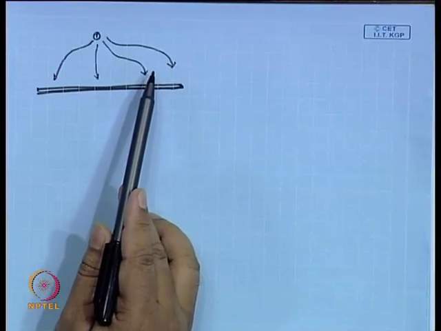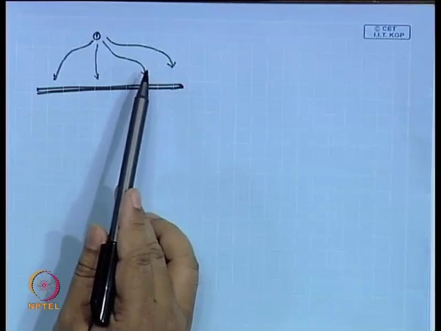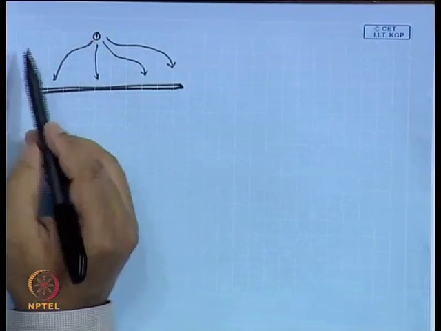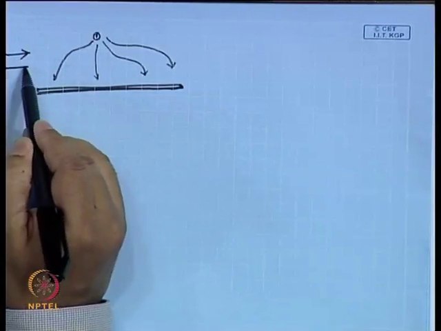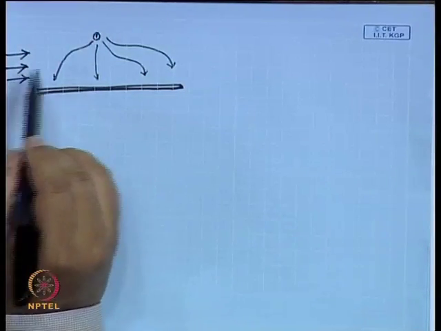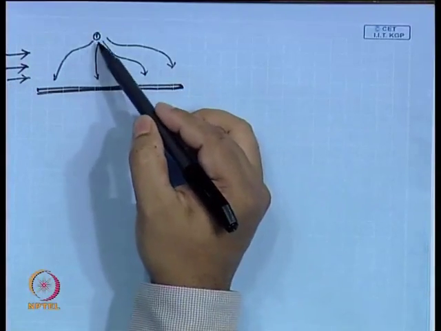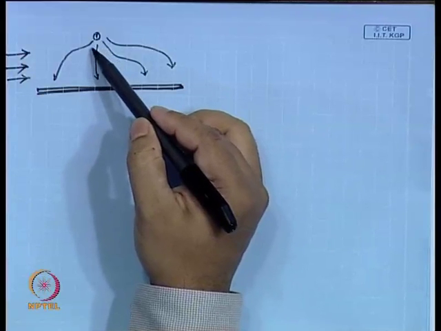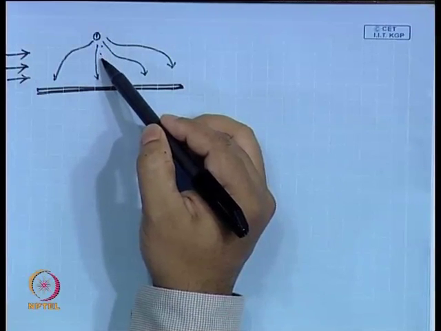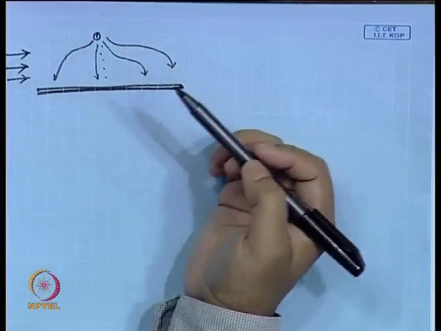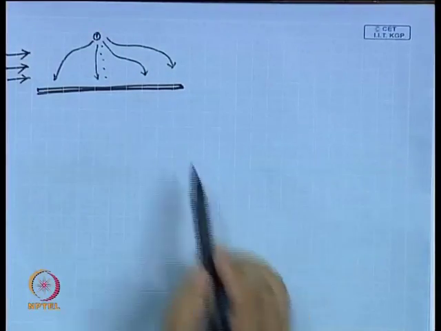Or somebody can work in a field flow fractionation mode, where you have the upper electrode and the lower electrode, and then you have laminar flow, parabolic velocity profile going in this direction. In that case, the particles are settling depending on the force balance at various locations, so they will be eluting at different times at the outlet.